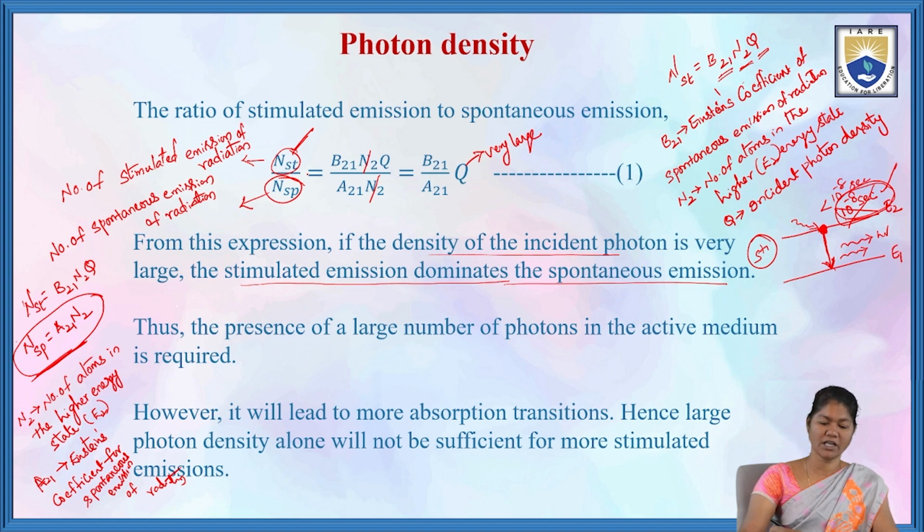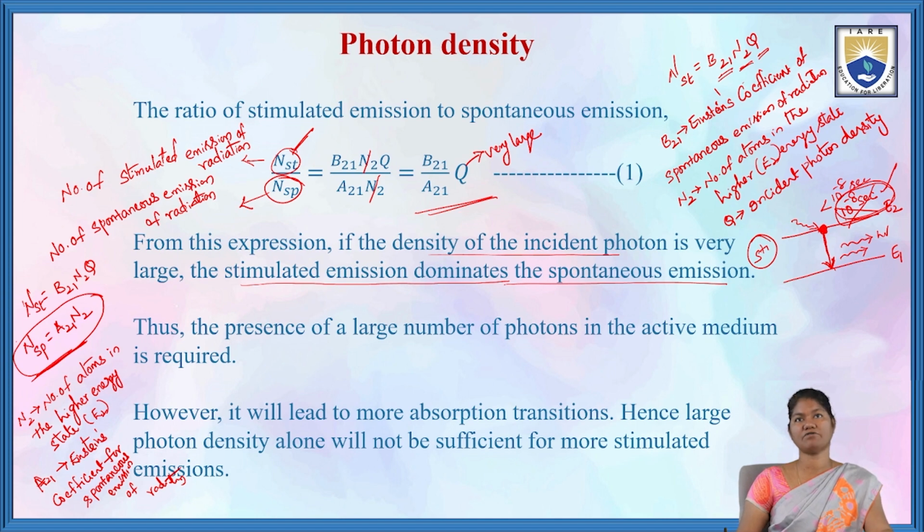So we conclude that if the density of the incident photon is very large, stimulated emission dominates over spontaneous emission of radiation.